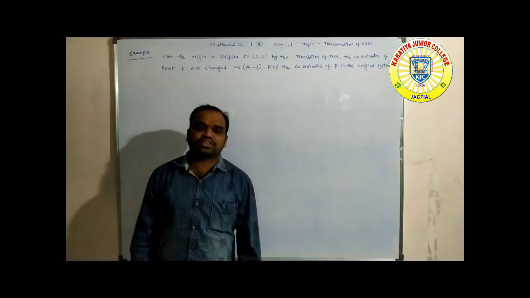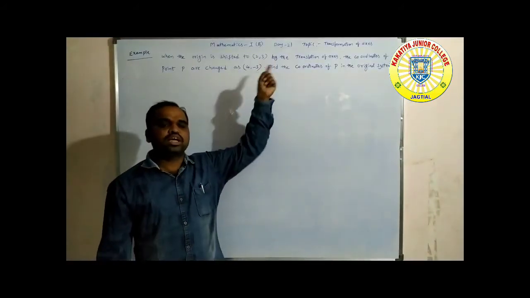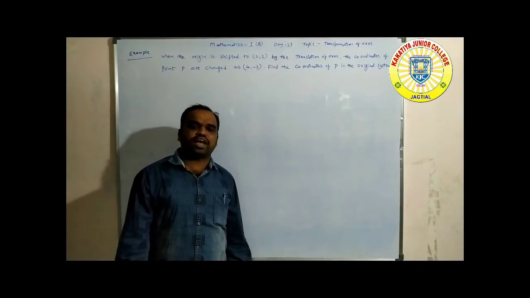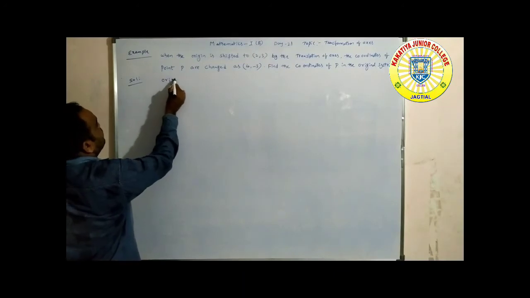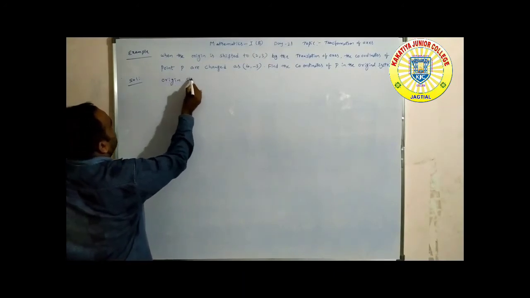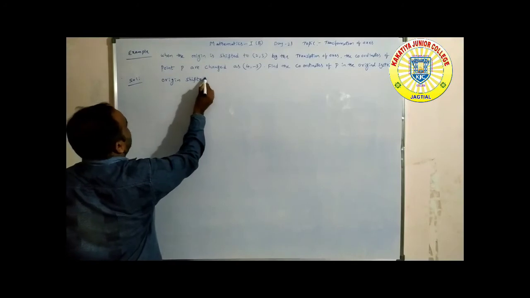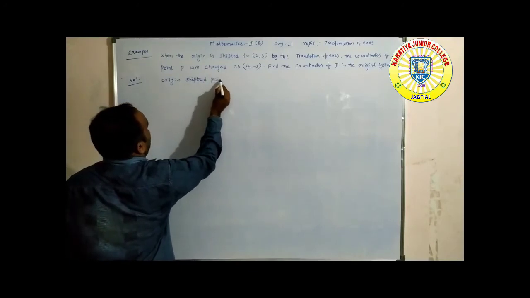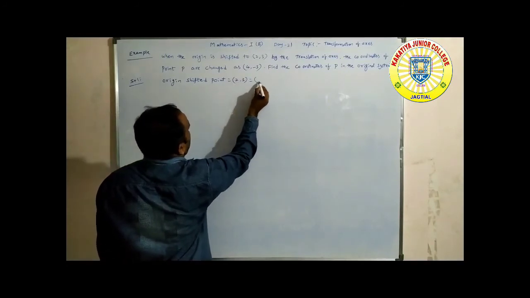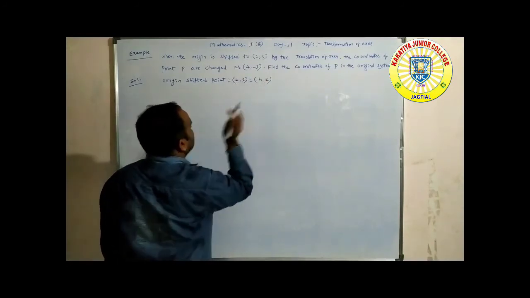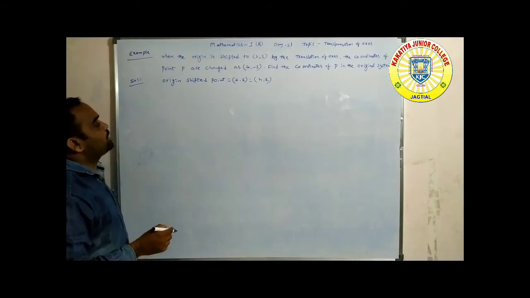First see here, this problem refers to the translation of axis or rotation of axis. Clearly in our question it is given translation of axis. Okay now, see the solution. First, the origin shifted point. Where is the origin shifted point? (2, 3). That is nothing but (h, k), the origin shifted point.